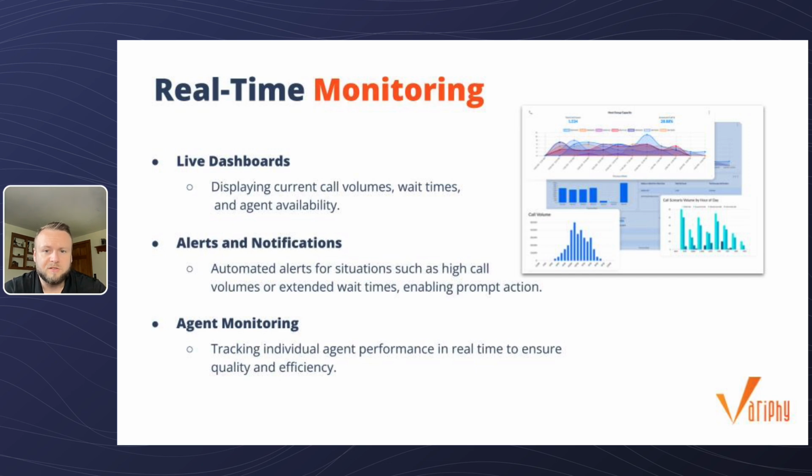This type of information is going to allow managers to quickly identify issues such as agents in ring no answer states, maybe agents struggling on a call that need assistance, or agents that have been away from their desk for an extended period. Just having this real-time visibility enables proactive intervention and improved operational efficiency.